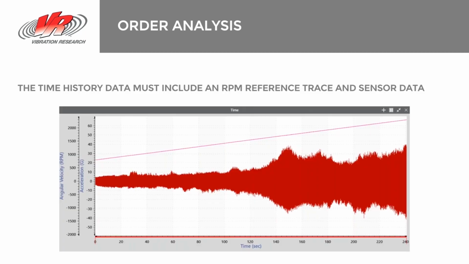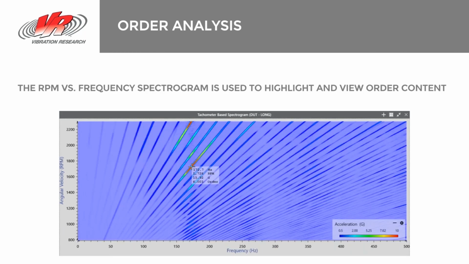So here is an example. Actually, this is the data that we will be looking at in the software. So I have the pink trace at the top is my RPM trace, and then I have acceleration data that is measured in association with that change in RPM. We can use a tach-based spectrogram, so a tachometer-based spectrogram, to plot that data on an RPM versus frequency graph.